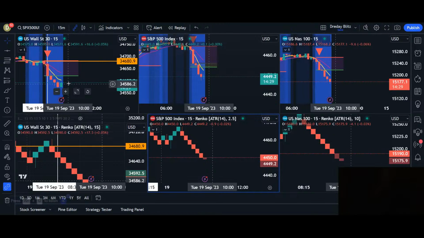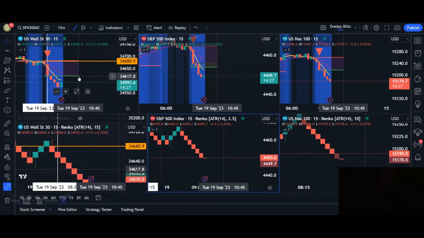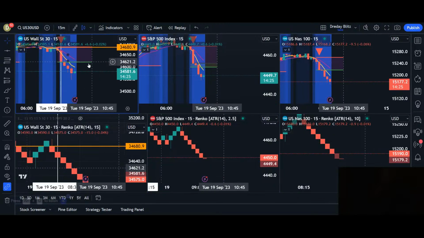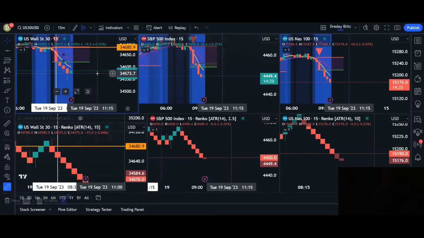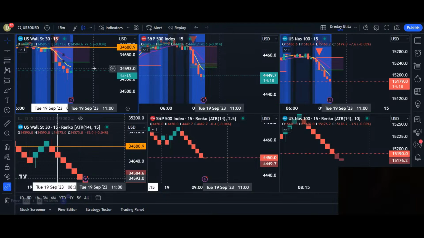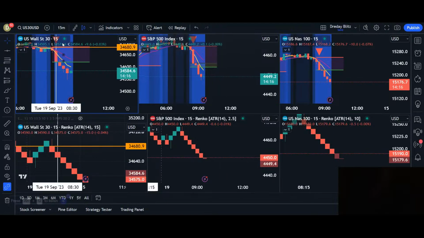So right now we have US 30 here that is pushing a little bit, but still bearish here overall.